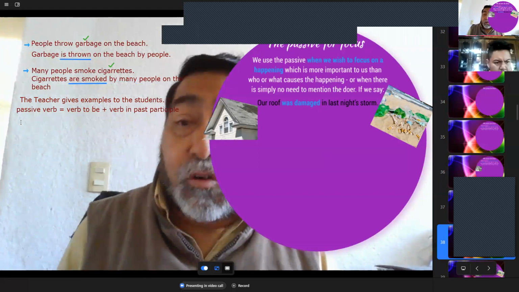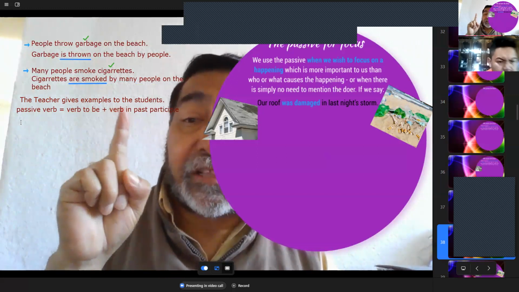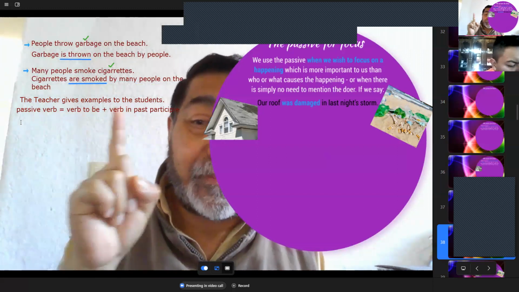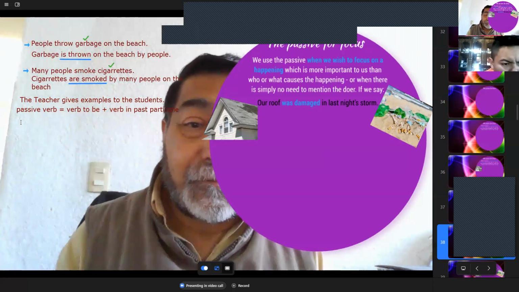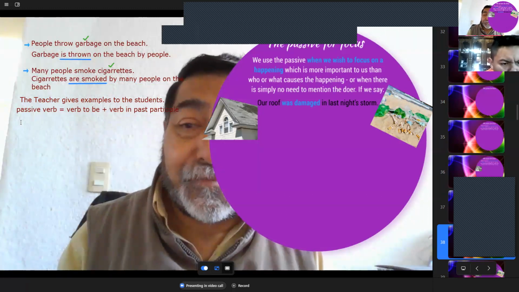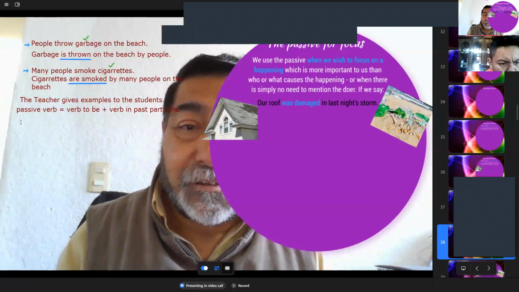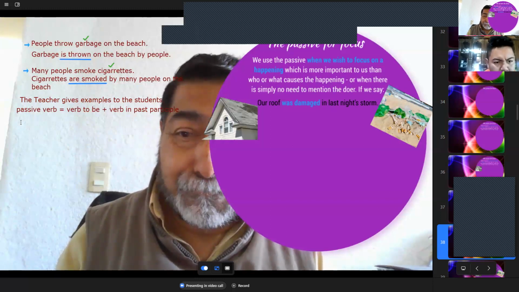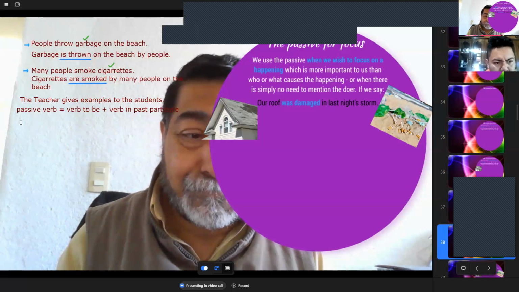First I need to identify the subject or the object. What is the object of my verb here? El teacher da ejemplos a los estudiantes, ¿no?